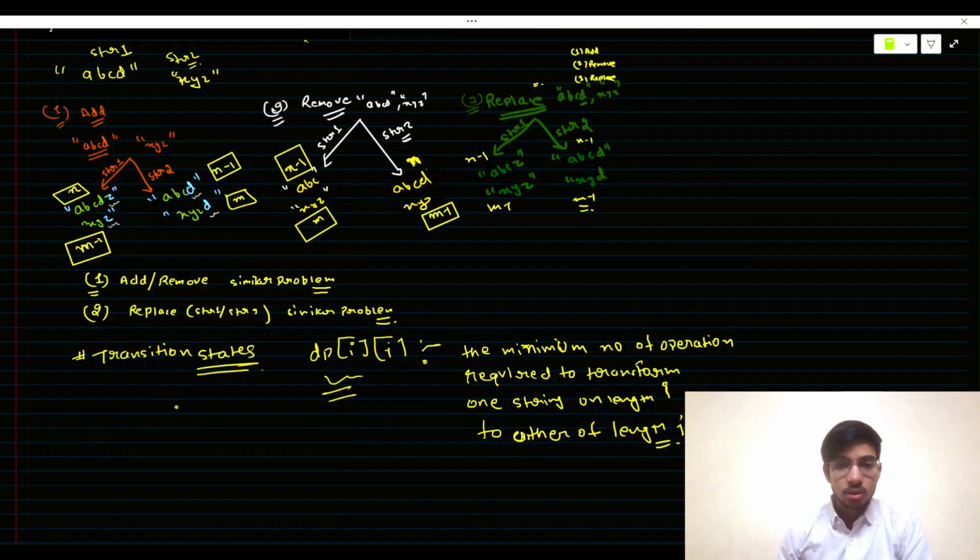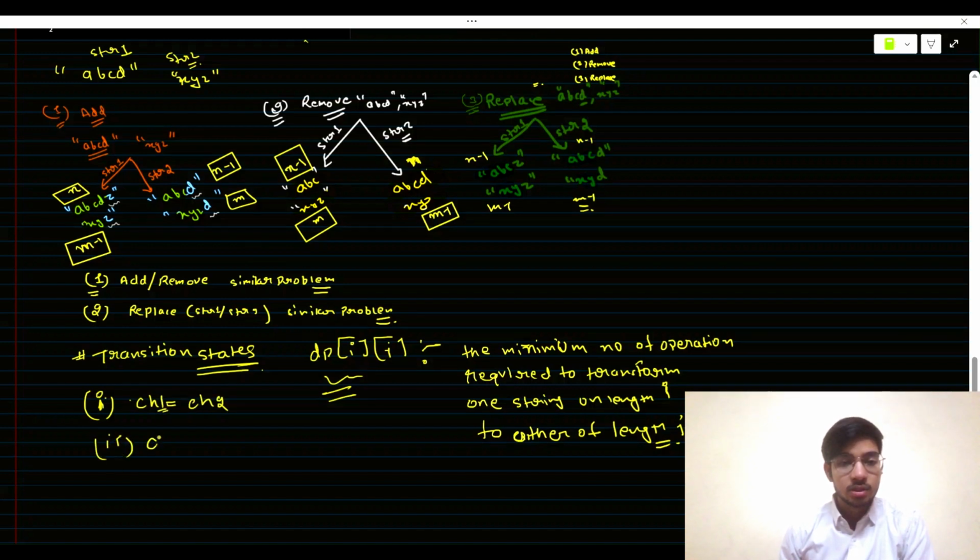So let's try to define the transition states. We have two possibilities. The first one is that the characters are matching. The second option is that they are not matching.